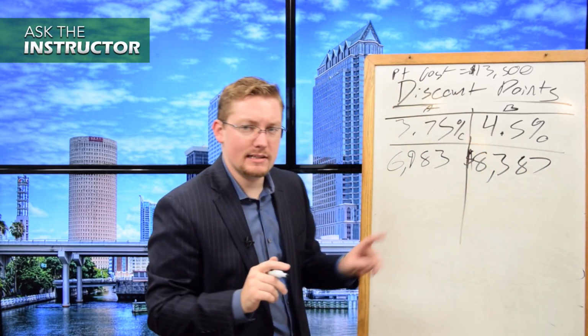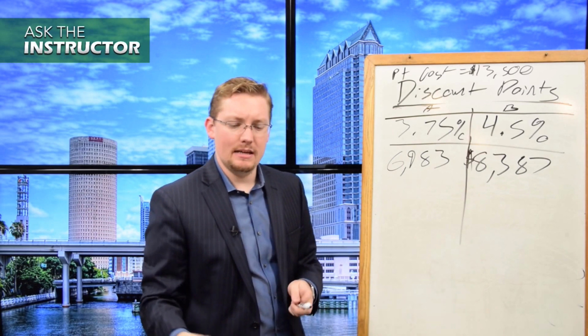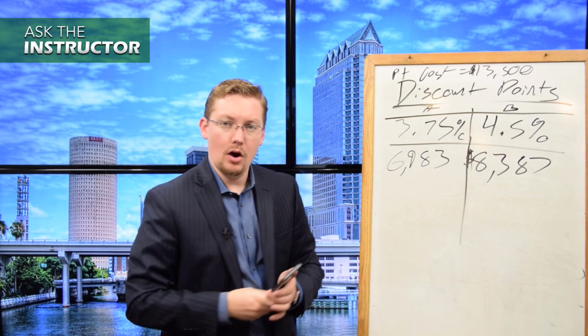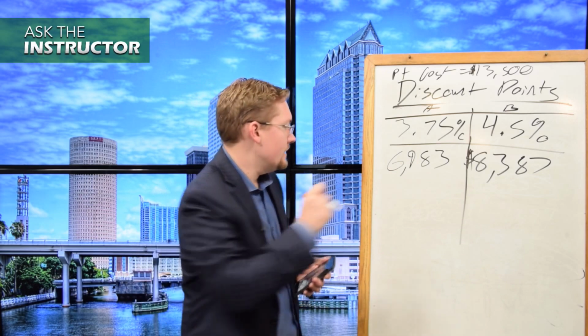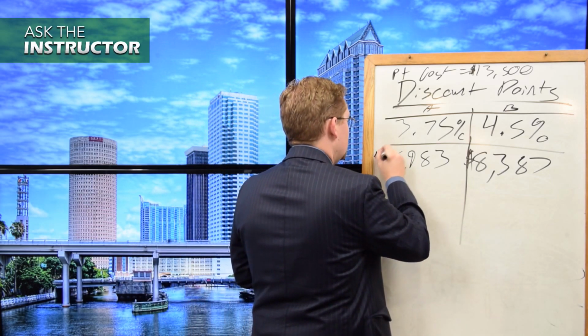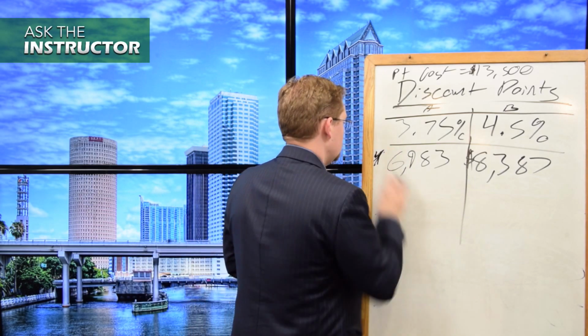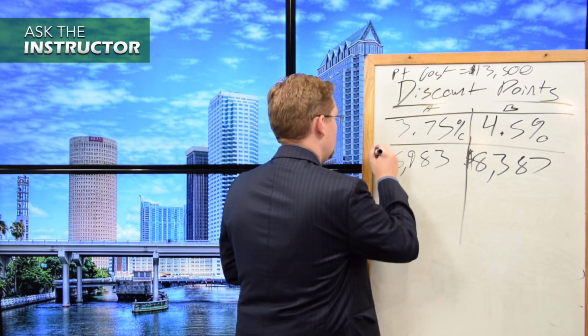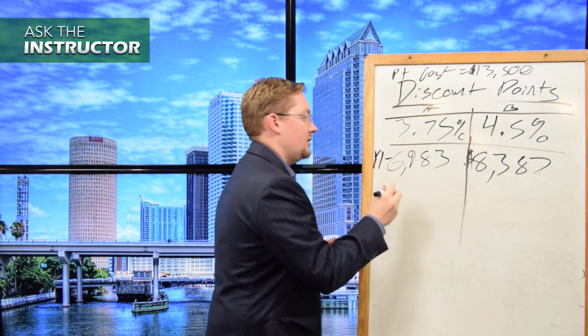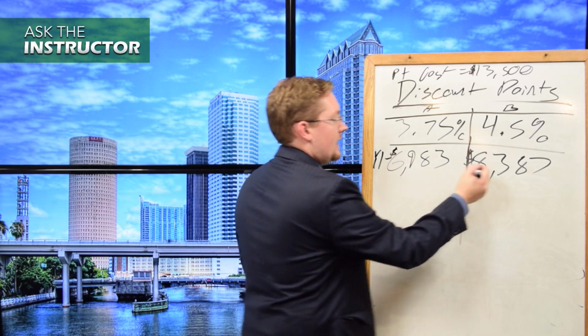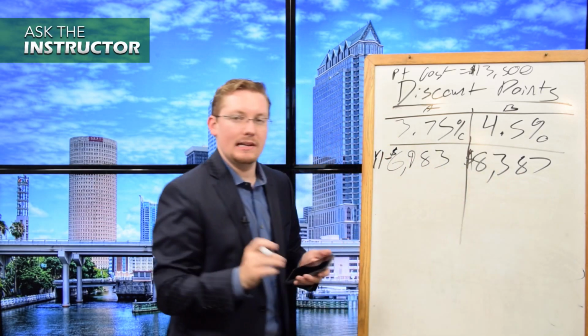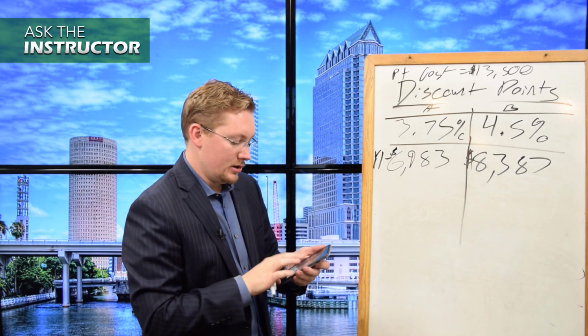And look, we can already see that it's not that big of a difference in the amount of interest we're paying over the entire course of a year. This is year one we're looking at here. So in year one, we have $6,983 versus $8,387 for the entire year's worth of interest.